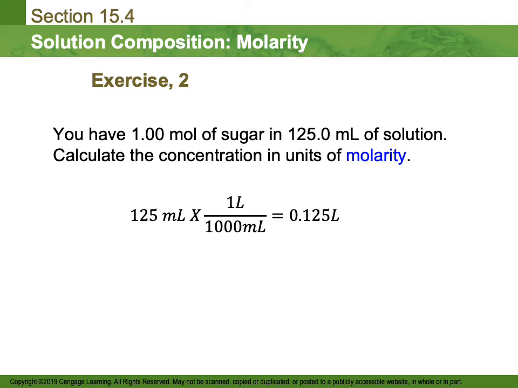So when we take 125 milliliters and multiply it by our conversion factor, which is 1 liter equals 1,000 milliliters, we can cancel out our milliliters, and that leaves us with the unit of liter, and that's what we have in the answer. So 125 milliliters is equal to 0.125 liters.